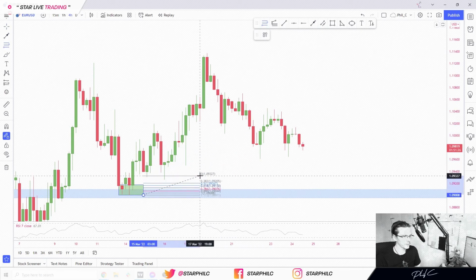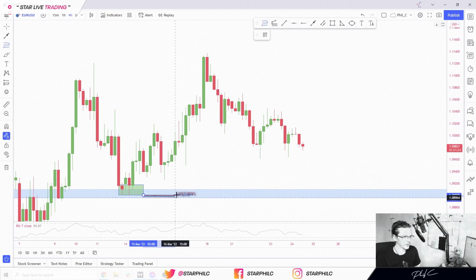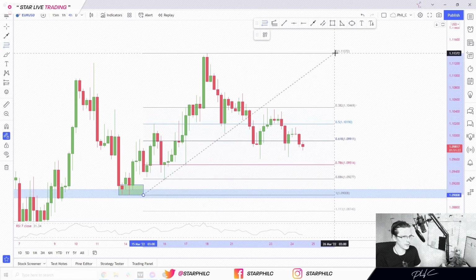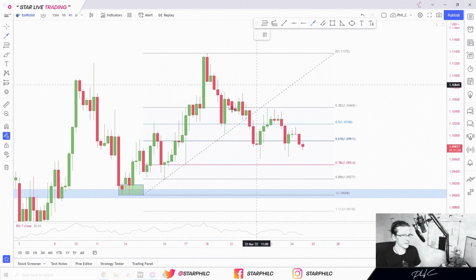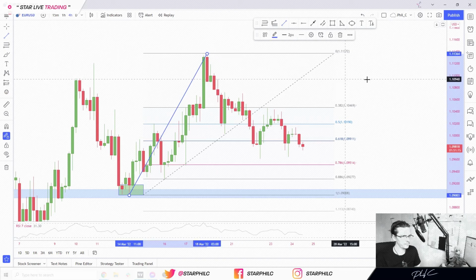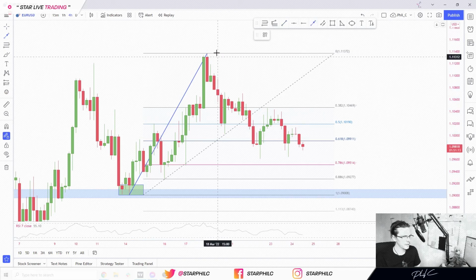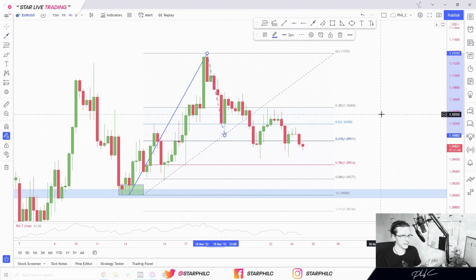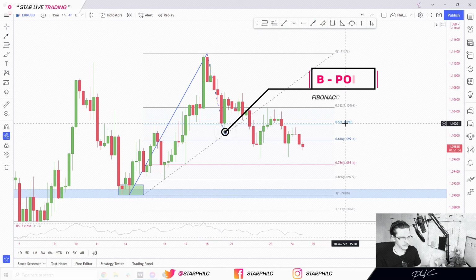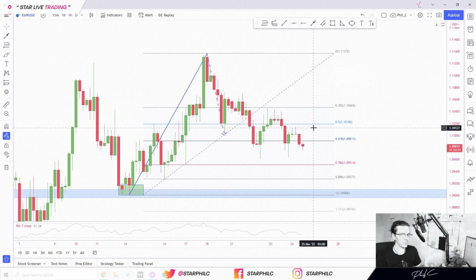Fibonacci retracement from swing low to swing high, like this. So we can see that after we had our impulse leg right here, price action did come all the way down, hitting a minimum of a 382, and we came all the way down, hitting our 50%, right? So what we are identifying here is a potential bat pattern.